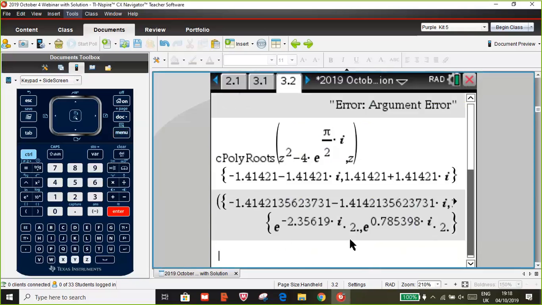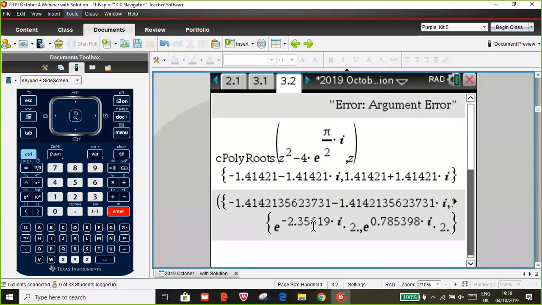The modulus is 2, and the two arguments are here. If you want to know whether these arguments are multiples of pi, can we do that? Yes, we can. How do we do that?